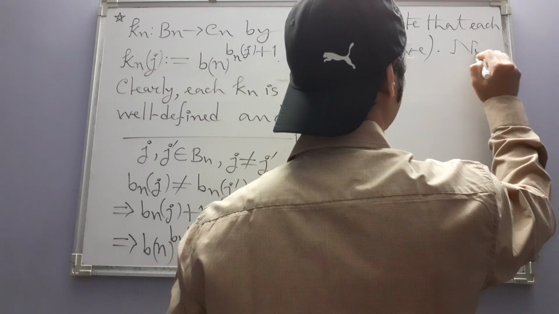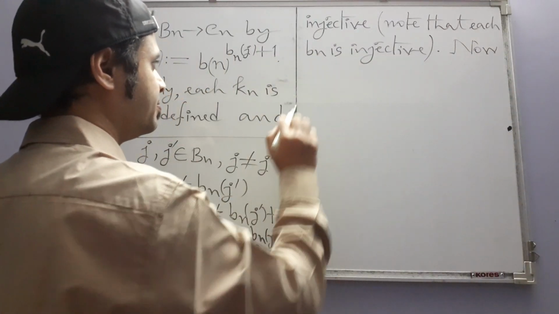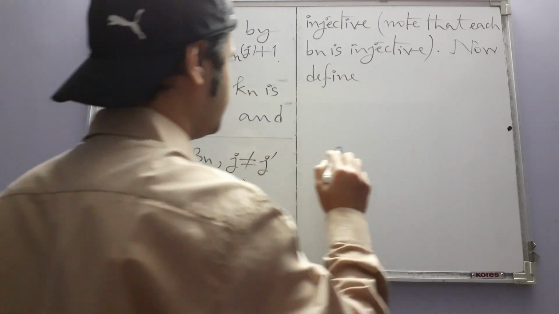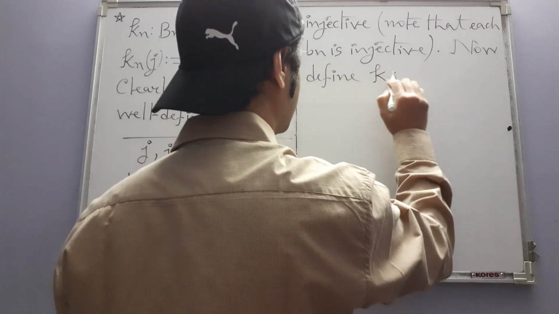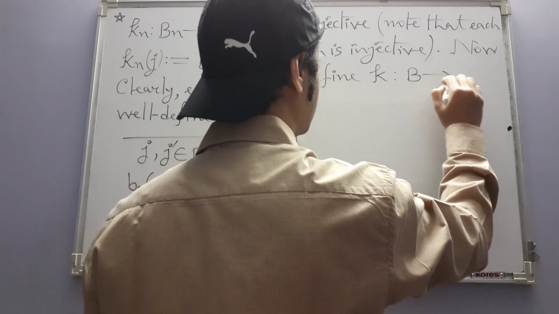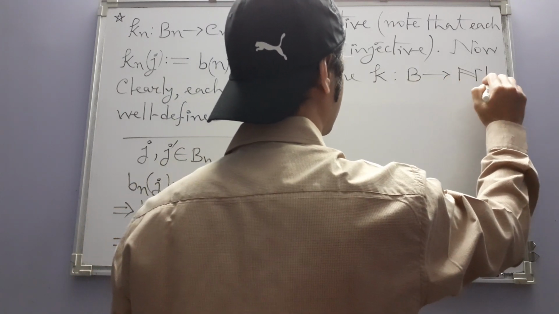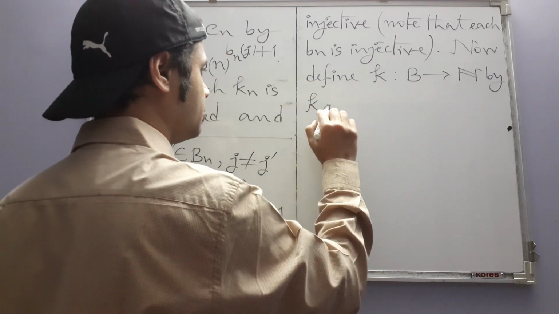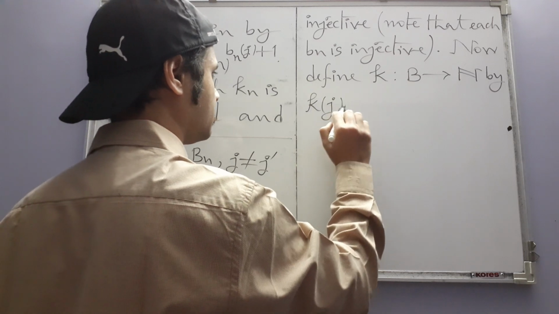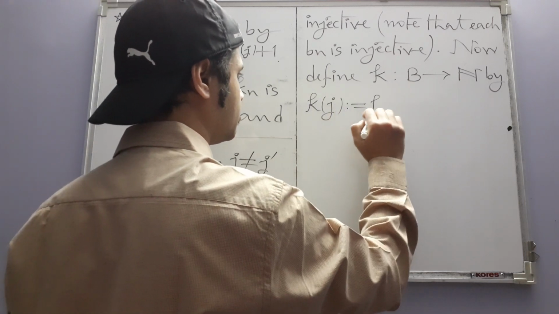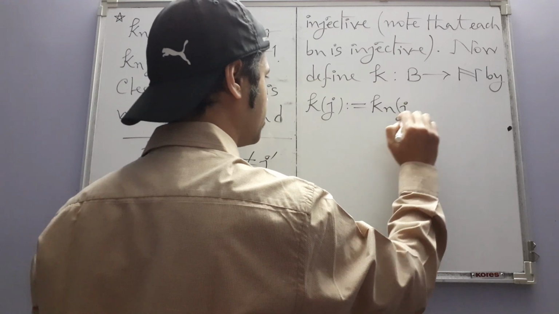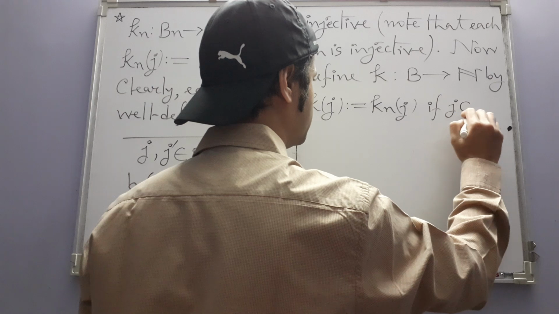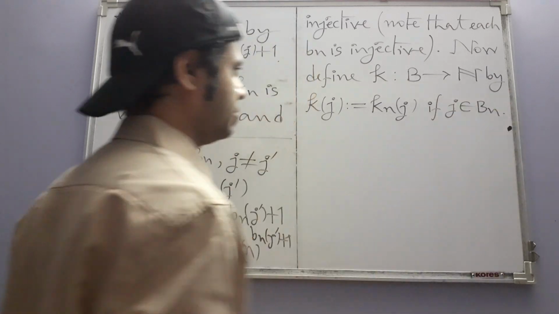Now define K from B into N by K of j equal to Kn of j if j belongs to Bn.